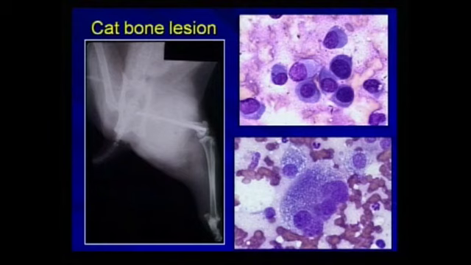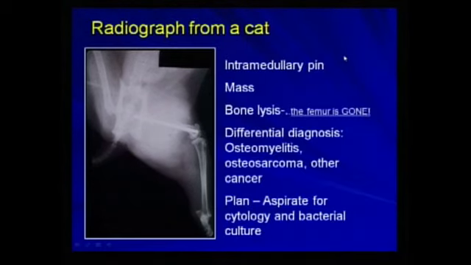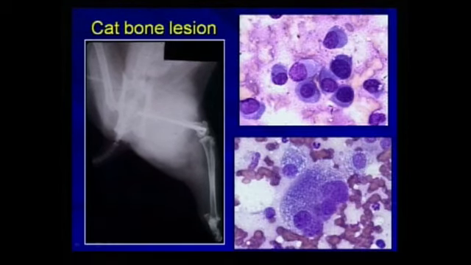Okay, on top we see spindle cells, round cells largely, round cells which tend to have small tails here. Okay, they have a lot of dark blue cytoplasm. Are there any neutrophils?